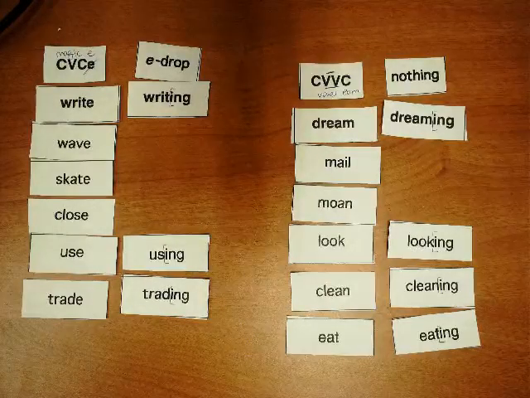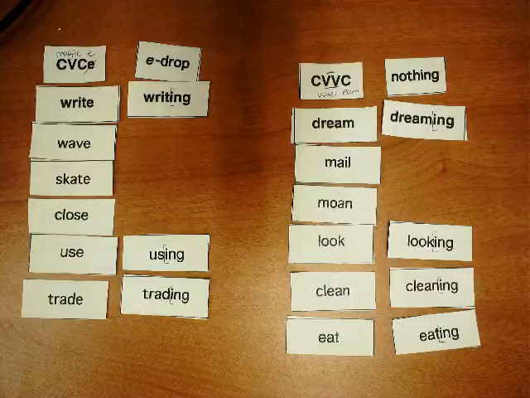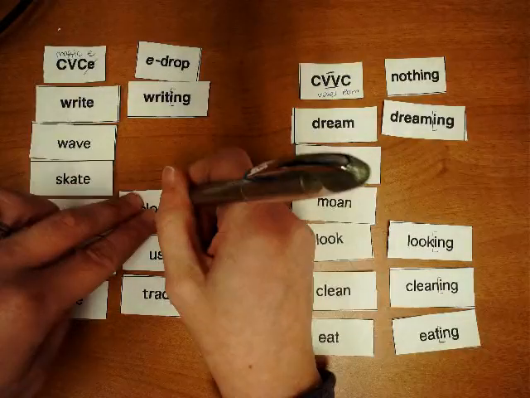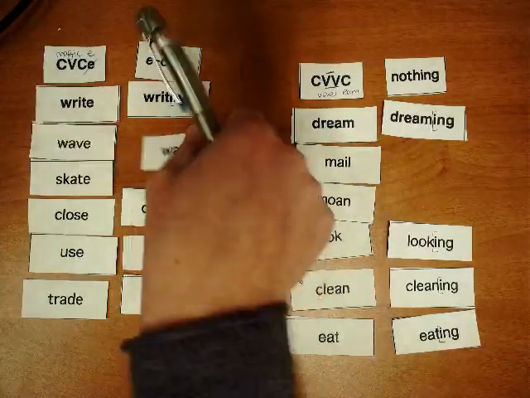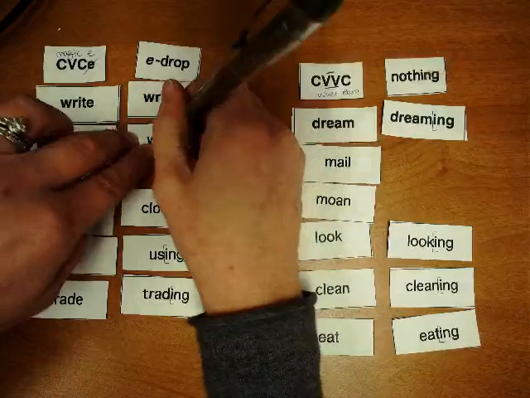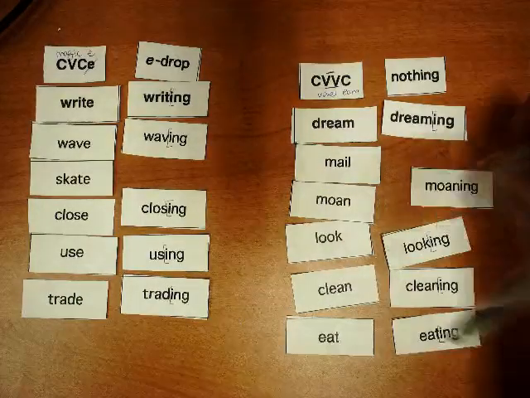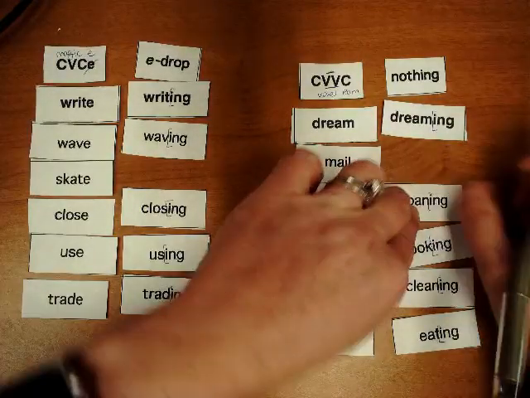So again, remember, at any point in time, if you need to find the words I'm talking about, you can pause. That close to closing, an E drop there. Wave to waving, an E drop right there. Moan to moaning, that vowel team, no E to drop.